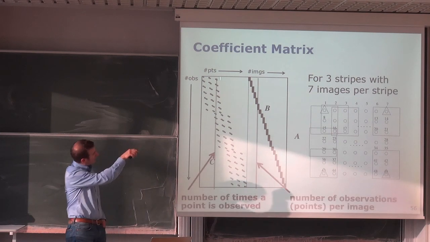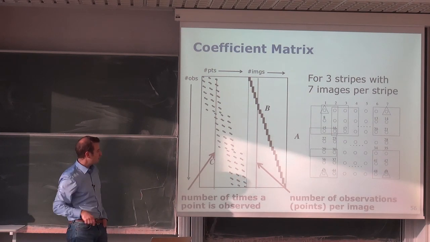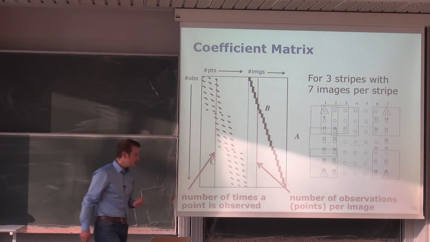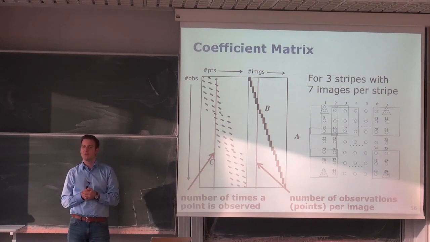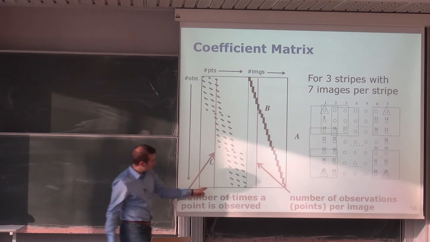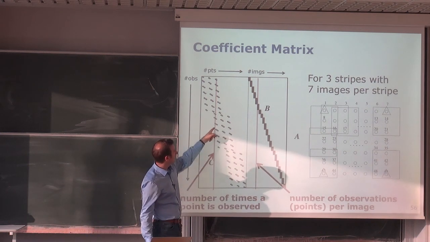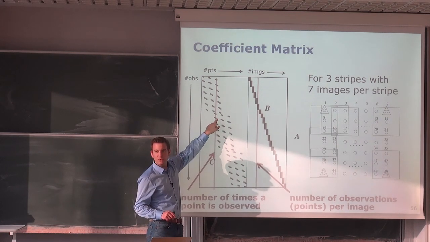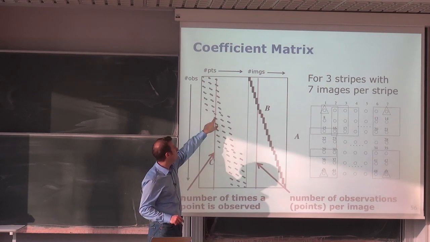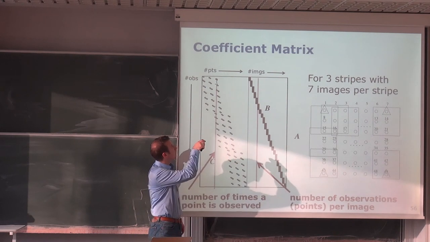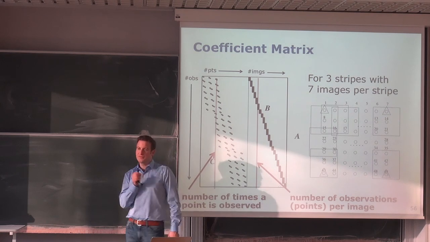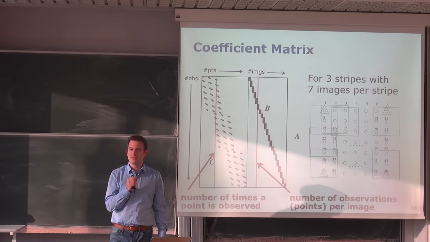So if I basically draw a line down here through this matrix, if I count the elements along these lines, it's the number of times a point actually gets observed. So if I count the non-zero elements, and by number of times I mean kind of 2x2 blocks in here, so kind of 1, 2, 3, 4, 5, 6. So this point over here gets observed 6 times in my data set.